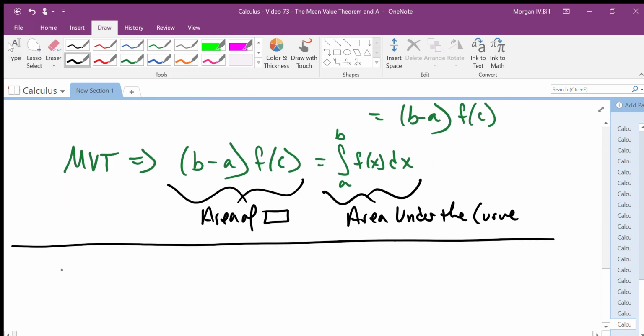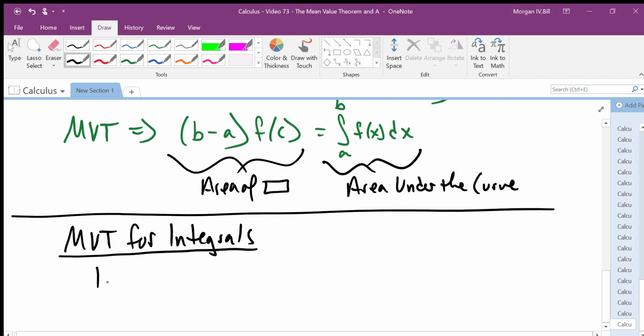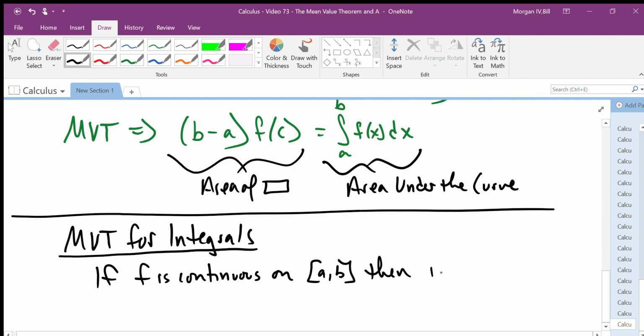Specifically, it says something like this: the mean value theorem for integrals. If f is continuous on the interval a to b, then there exists c.